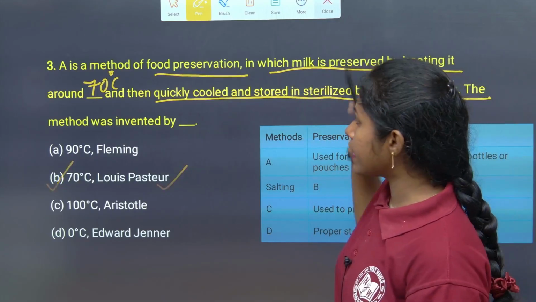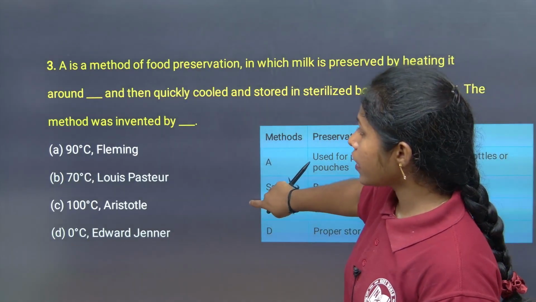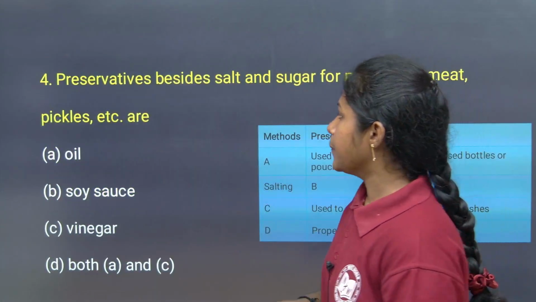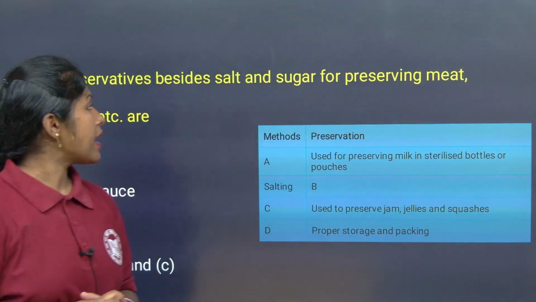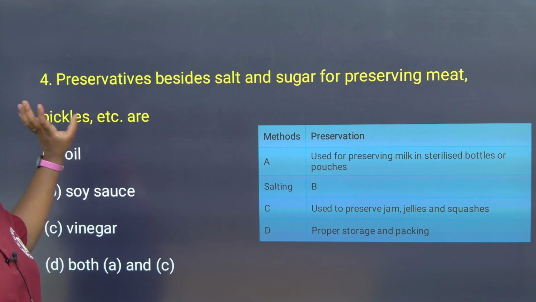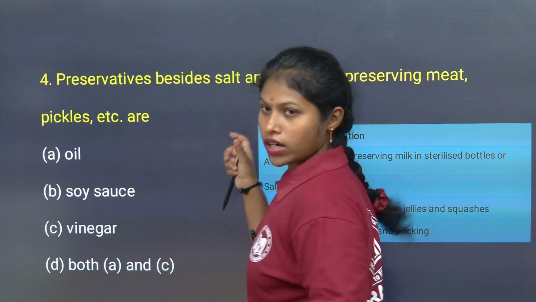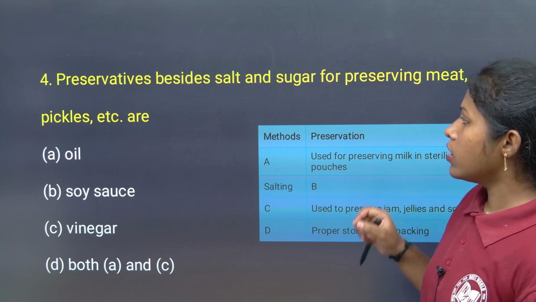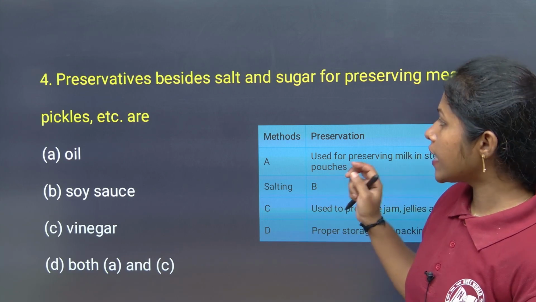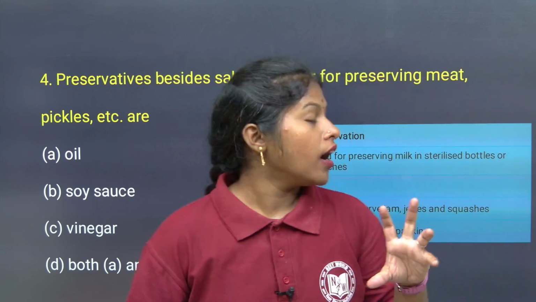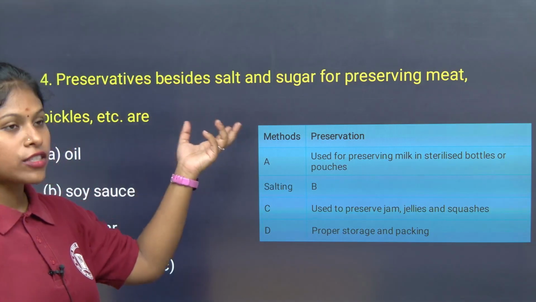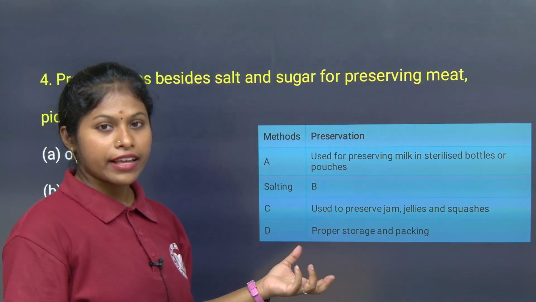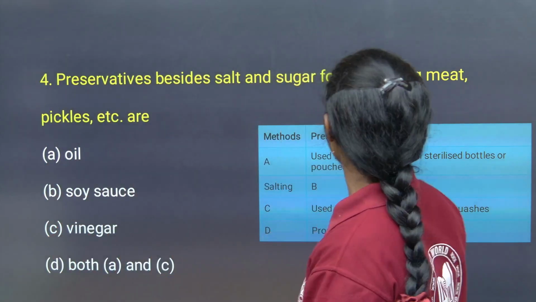I hope you are all clear about this question, children. Coming to the next question. Here they have given: pasteurization, preservatives besides salt and sugar for preserving meat, pickles, etc. So here they are asking, children, about preservative methods besides salt and sugar, which we use as natural preservative methods, right?